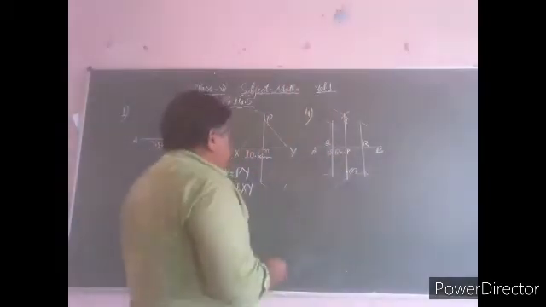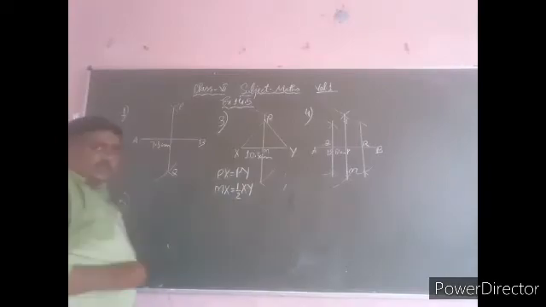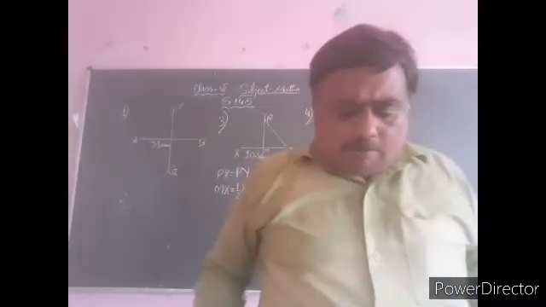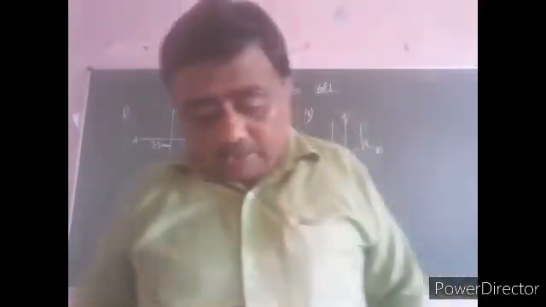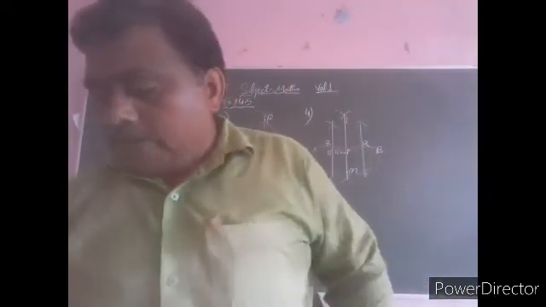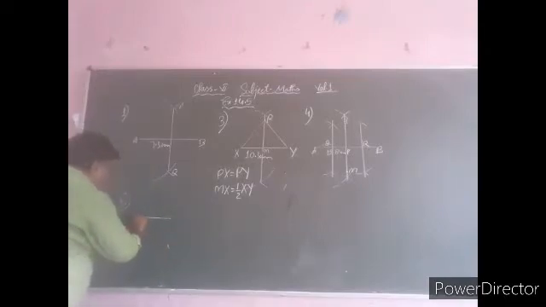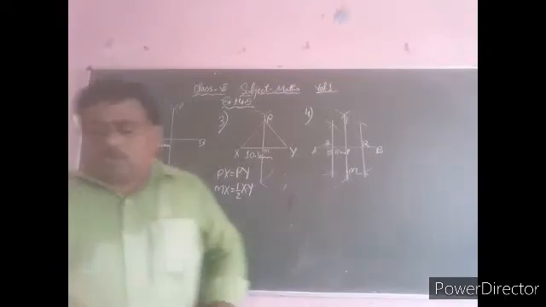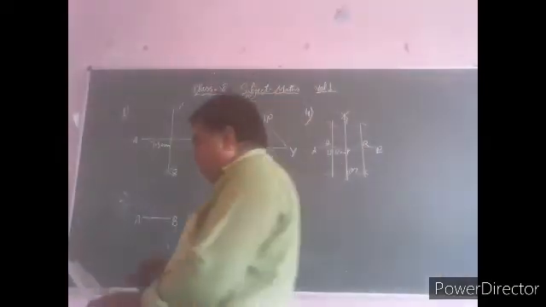Question number 5. With PQ of length 6 cm as diameter, draw a circle. First of all, draw 6.1 cm diameter. Here, let it be A and B. So find out the center using perpendicular bisector.